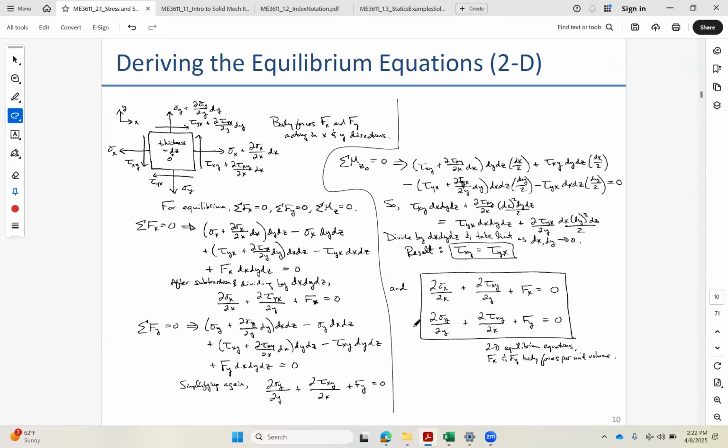And then same story with our shear on the top and the bottom, tau yx plus any difference on the top, and that's dx by dz out of the page. And then minus the tau yx on the bottom times that same area, top and bottom of the same area, is dx across by dz out of the page. All right, so this force summation has to add up to 0.